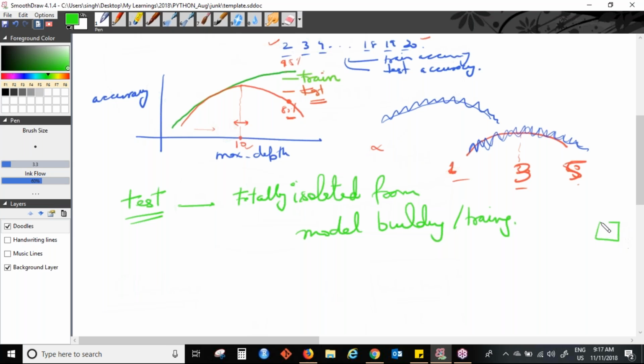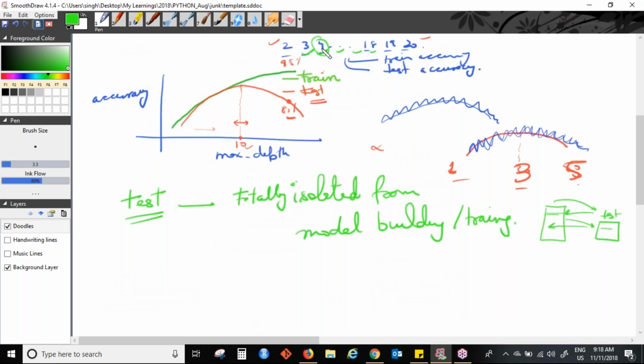It is like you already know what questions are going to come in the exam and you are training based on that. You go there, look at what questions are coming, come back and learn that type of question, again go back, look at what type of questions are coming, and then again come back and learn. This is similar to what we are doing here, right? We are looking at which value of max depth gives my test data accuracy the best. So let's say at 4 it is not best.